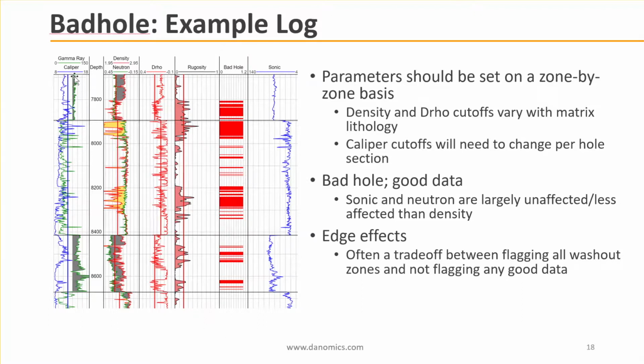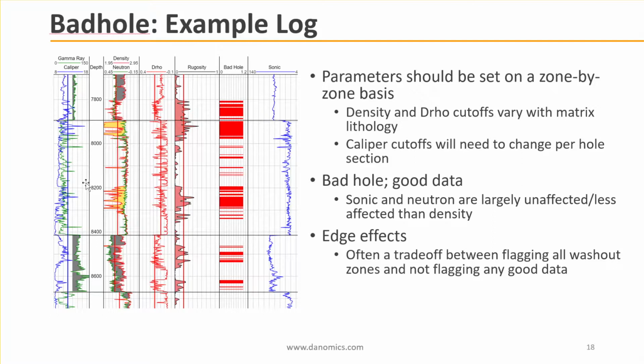The caliper log can do a really good job of showing us where we have washouts, of course. The problem is that it works great for one well, but when you're scaling up to multiple wells, we need to take care, because different operators are going to drill the wells in different ways.